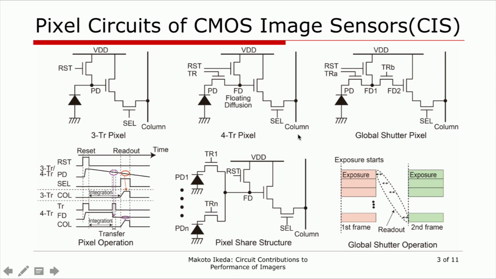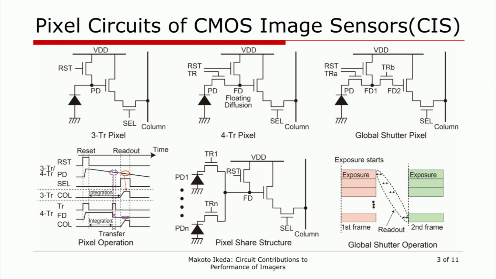This operation is usually done column by column. So there is a time lag between columns. So if you want to capture a moving object, it will be slanted. To cope with this issue, global shutter, either mechanical or electrical, is the solution.